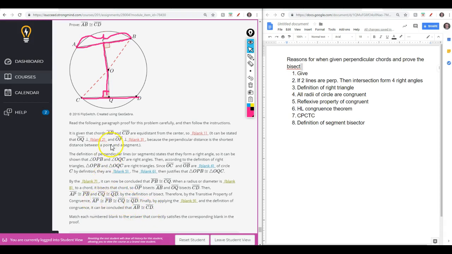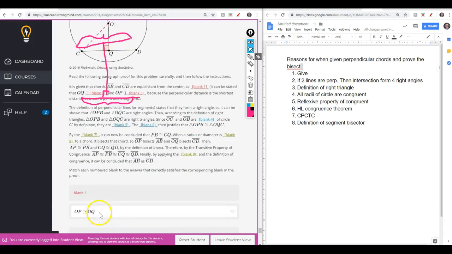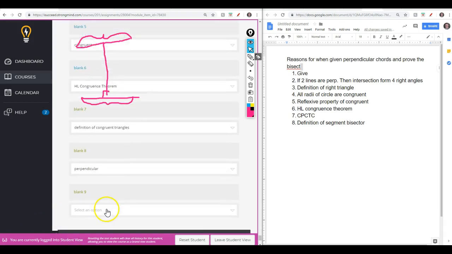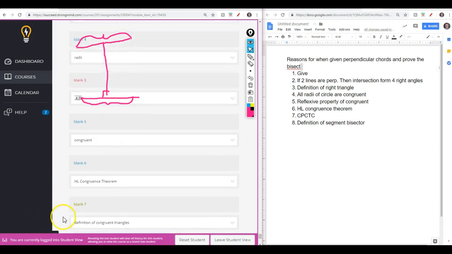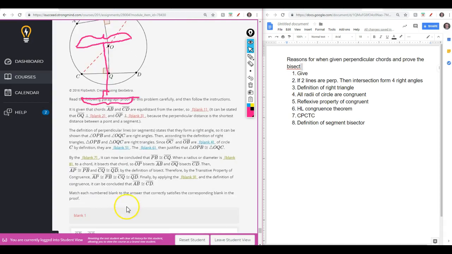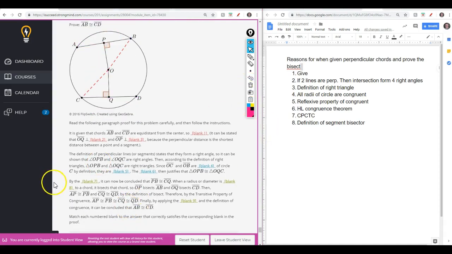I noticed that AP and PB together combined make up the whole segment AB. I'm also noticing that segments CQ and QD together combined make up the whole segment CD. So they had to add those values together. So I'm going to be looking for the segment addition postulate right there. And that's how I would go through and use the context clues and definitions to help me answer this proof.